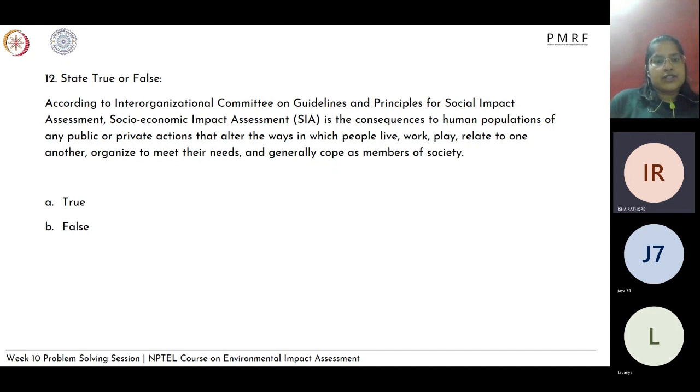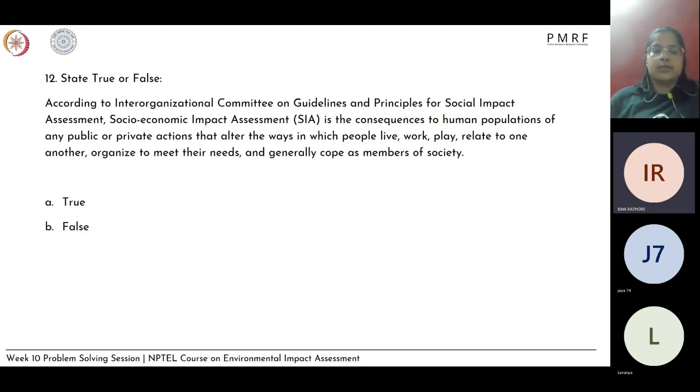So again, this is based on the definition of socioeconomic impact assessment by the Inter-Organization Committee on Guidelines and Principles for Social Impact Assessment. So again, definitions and descriptions of terms are important.